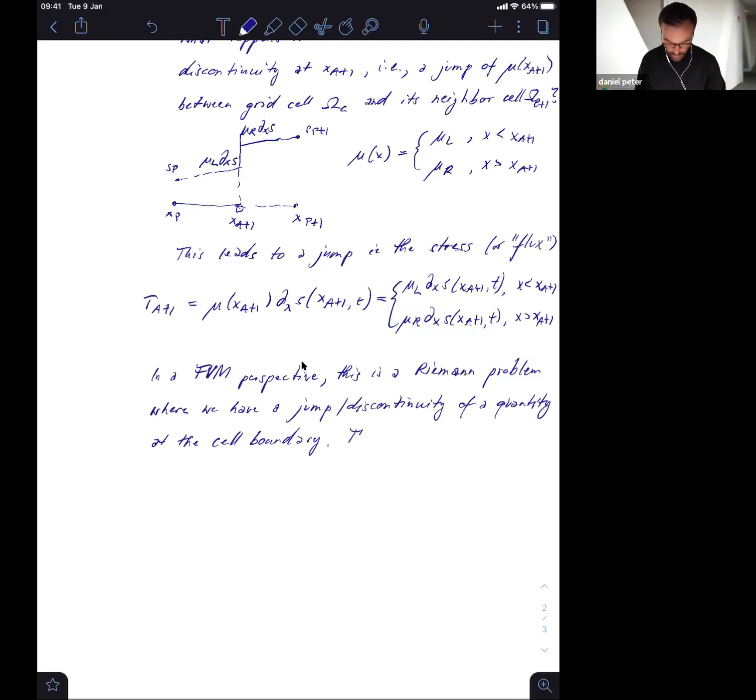So this needs to be addressed, usually with so-called Riemann solvers.